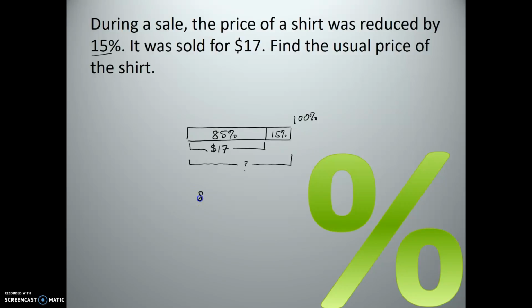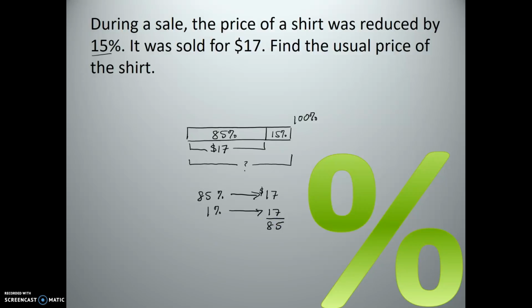So what we're going to do is set this up like a unitary method problem. So I have 85% that equals $17. I'm going to take that and divide both sides by 85. So 1% equals 17 over 85.